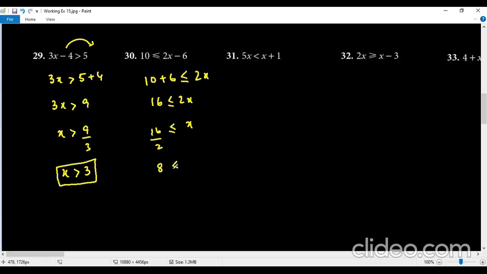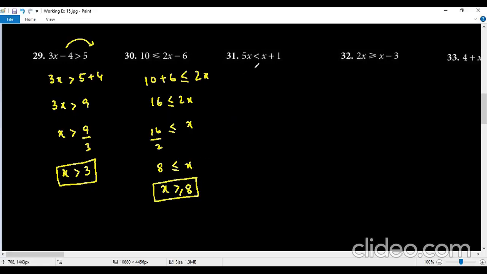When I bring x on this side, it is going to be x is greater than or equal to 8. Remember, the change of sign is going to be because x value is going to be first, and when reversing it, the sign also is going to be changed.